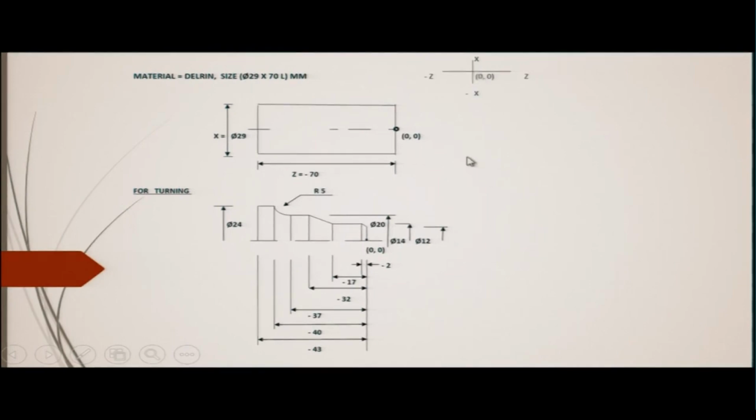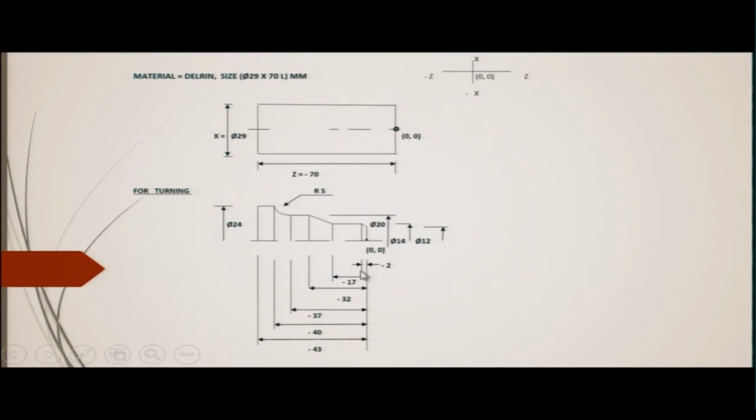So, now you will understand that if we make this point here as the machine origin, which is 0 0, all the dimensions lying to the left side of this will have a negative sign according to this system of axis.